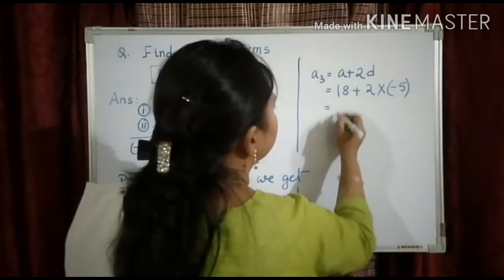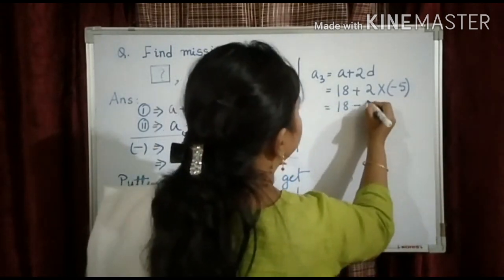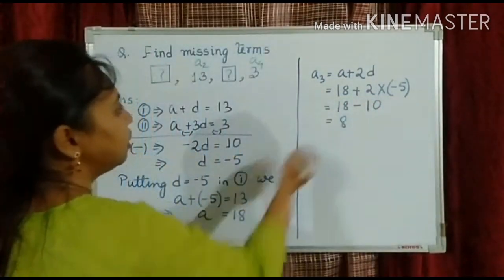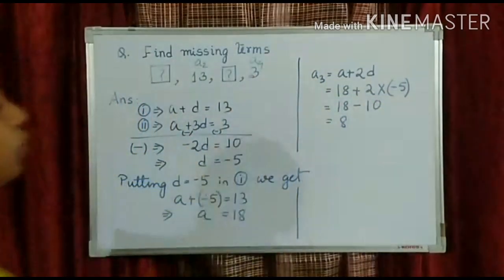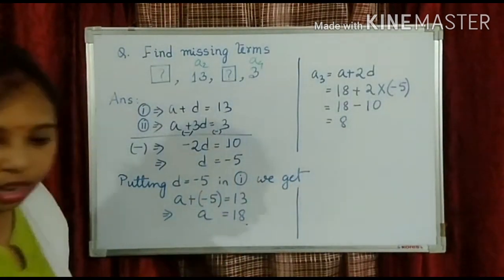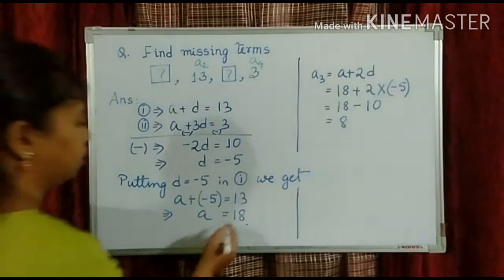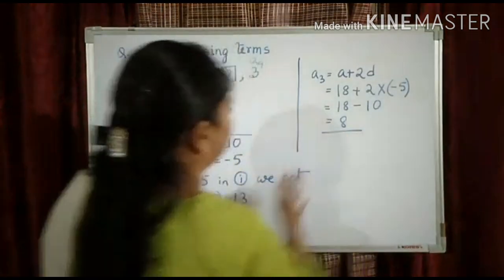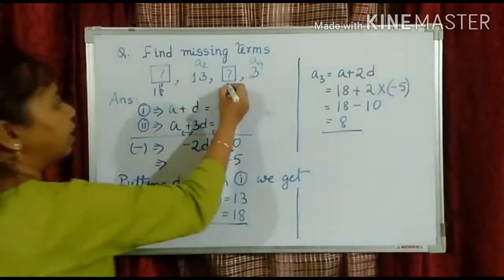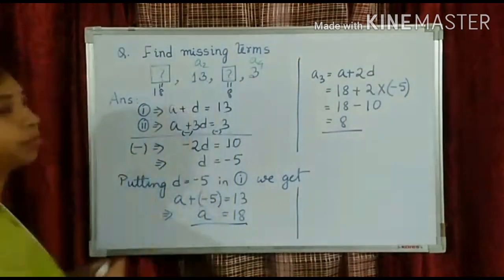If you do it, you will get 18 minus 10, which is equal to 8. And the fourth term we know is 3. So the unknown terms are: the first term is 18, and the third term is 8.